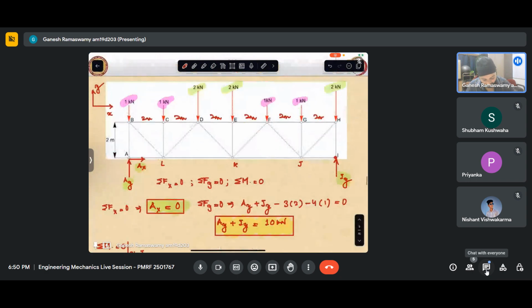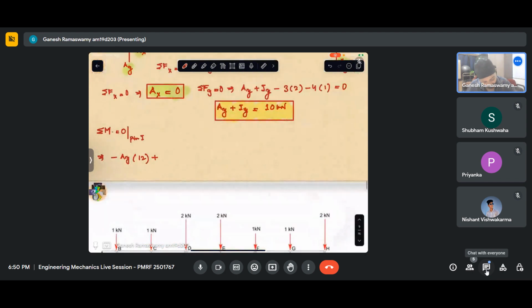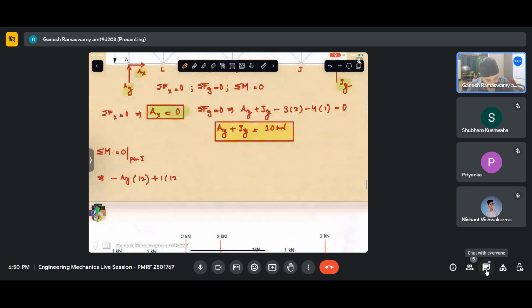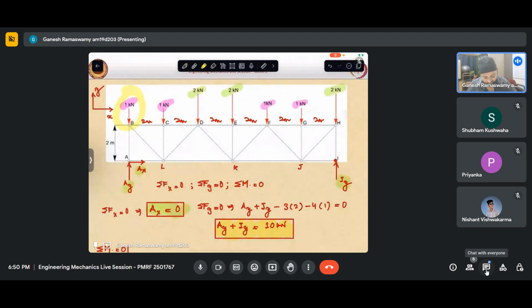The force at point B is 1 kilonewton pointing downwards, and this will have a lever arm of 12 meters. So it is plus 1 into 12. Let me not write separately, let me club them together. For this force 1, 12 is the contribution.